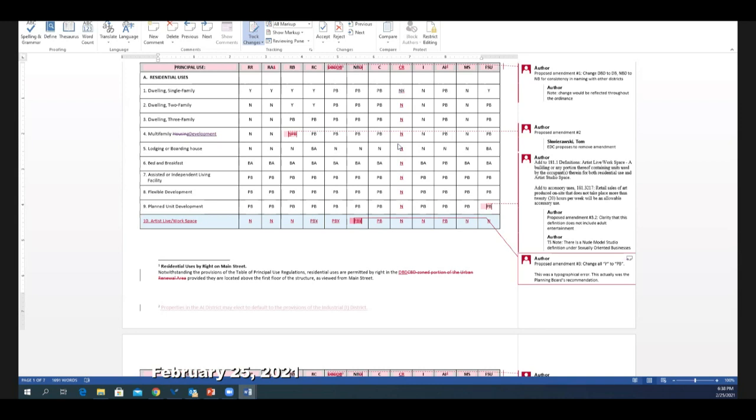And certainly in some cases, I think the other difference between an artist live workspace and just artistry as a home occupation is that this would allow people to sell goods on site for 20 hours a week. And anyone step in and correct me if I'm wrong, but I believe you could have a home occupation to be a painter currently, where you just have a small studio in your house.